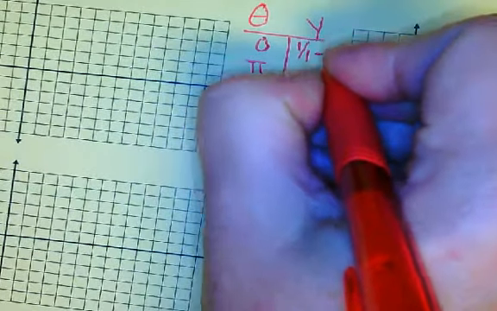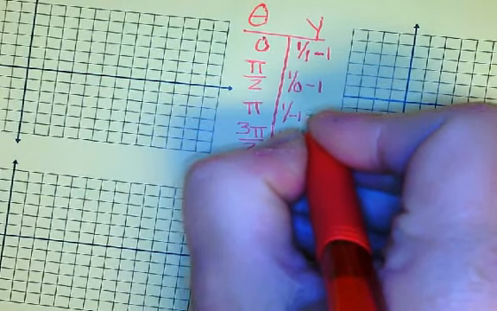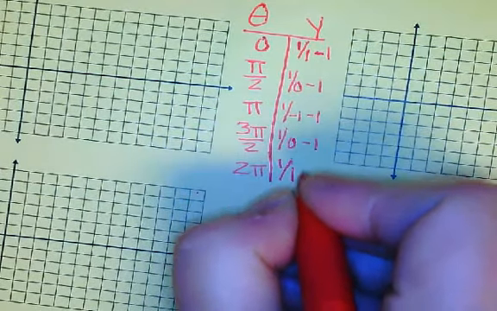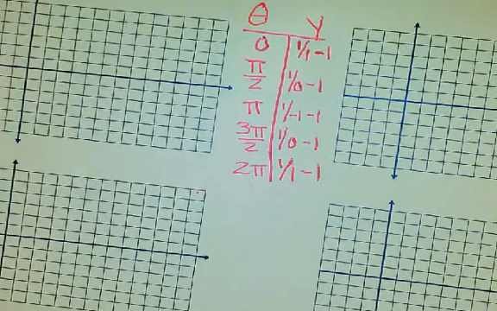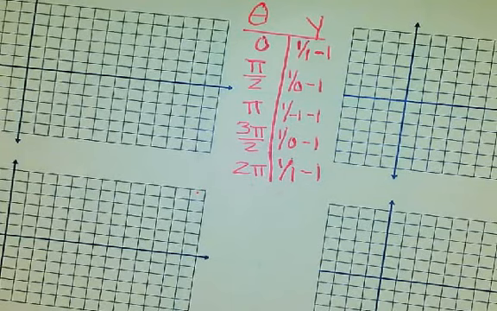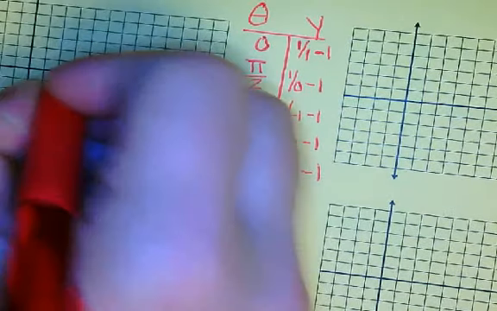So I'm going to do -1, -1, -1, -1, -1. Okay, so if I do that, I'm still going to have places where it is undefined, so I'm not going to be able to do it there. So for instance, the first place that it's undefined is going to be at that pi over 2.